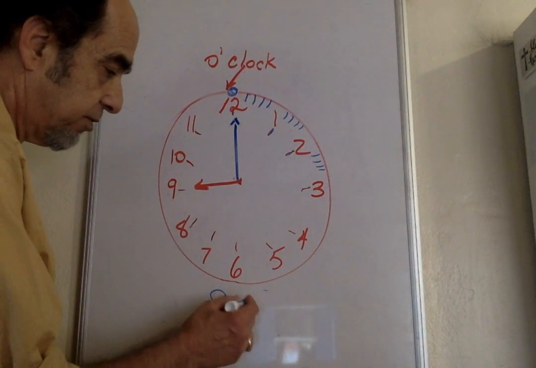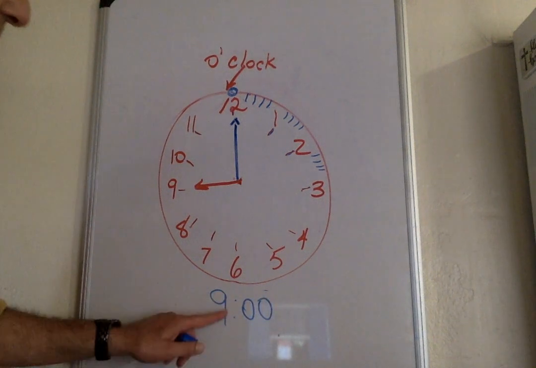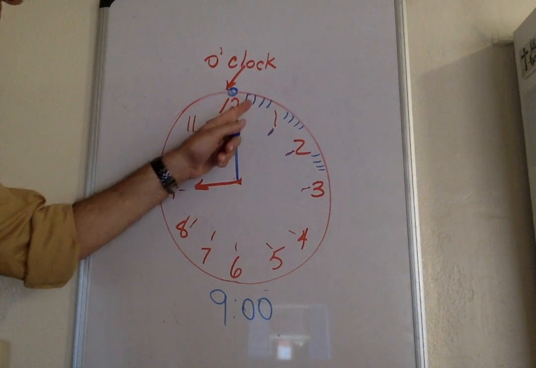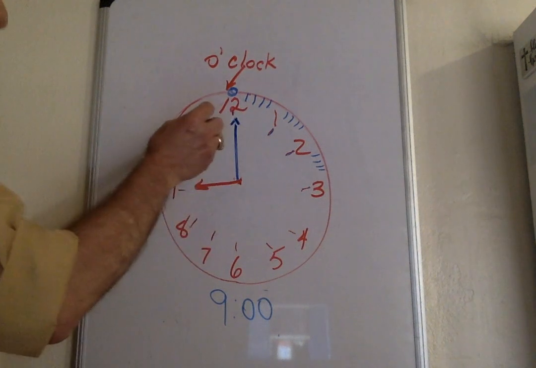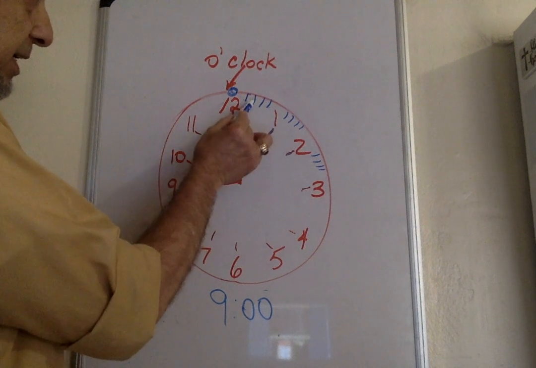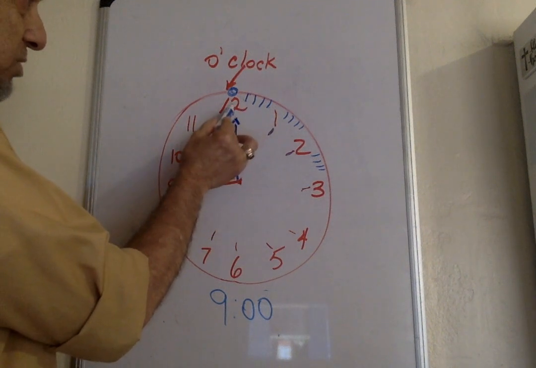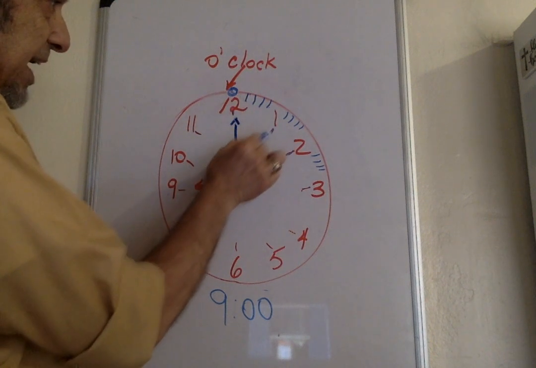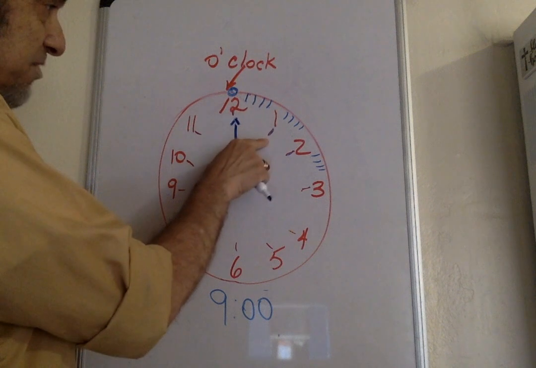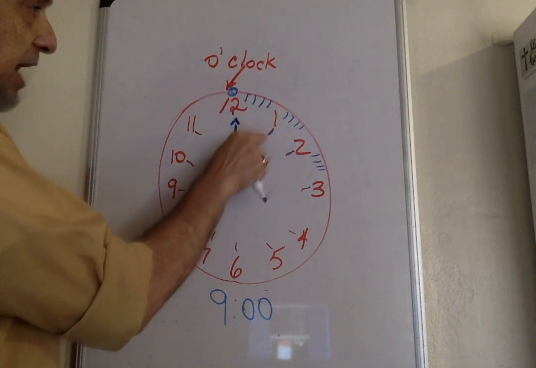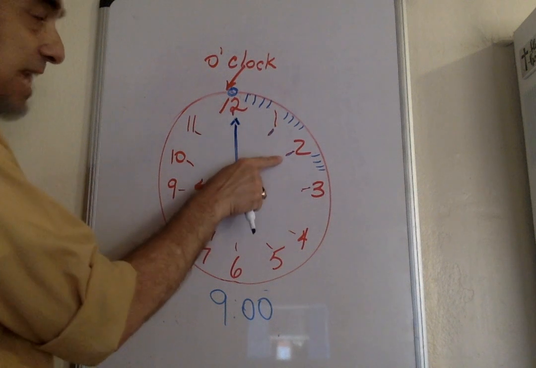At least one way of writing it. Okay? 9 hours, 0 minutes past the 12. Then we said yesterday, between each number, there are 4 dots or little lines. So it's 1, 2, 3, 4, 5. So that means 5 minutes after 9 if this hand were here. 5, 6, 7, 8, 9, 10.